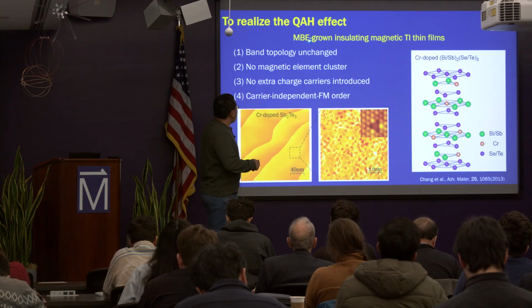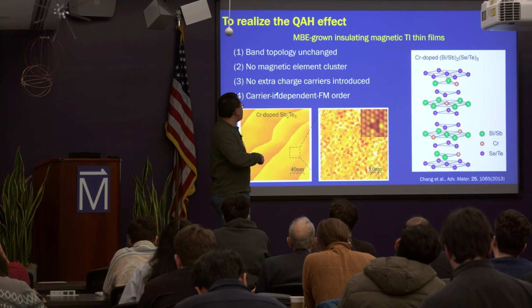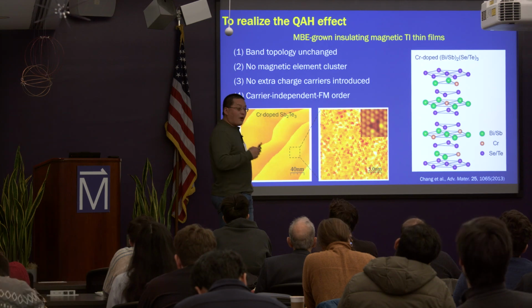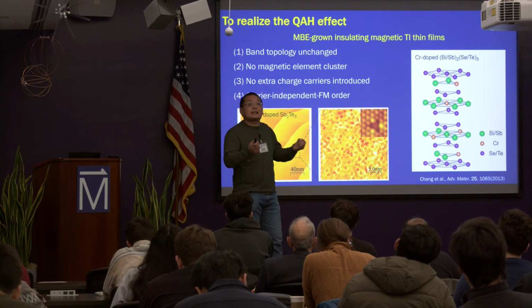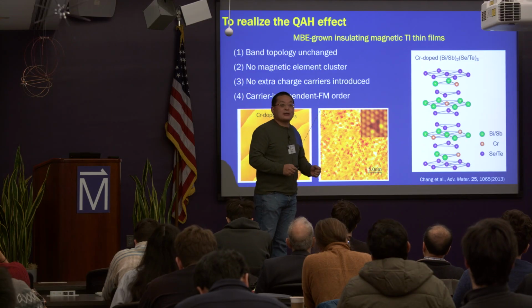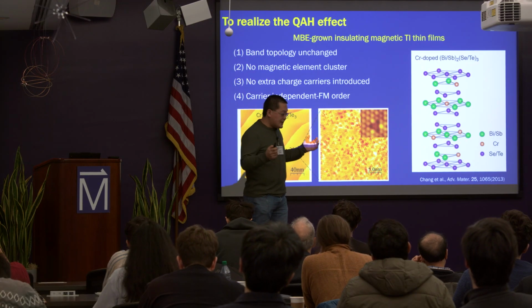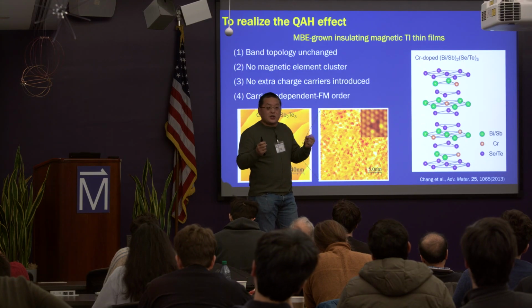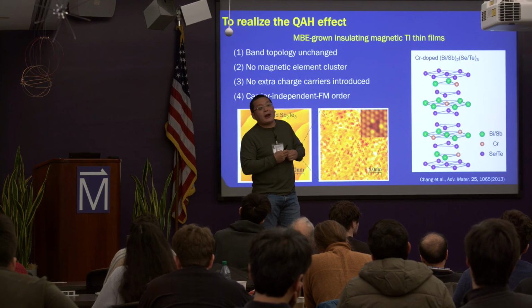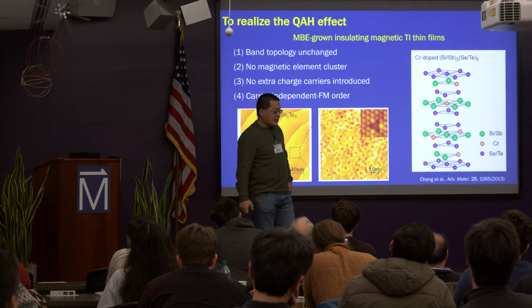We know the quantum anomalous Hall effect is an insulating phenomenon. That means the ferromagnetic order must still exist when the sample becomes an insulator. So this is actually a pretty strict requirement. In diluted ferromagnetic insulators, ferromagnetism is always realized in p-doped samples.